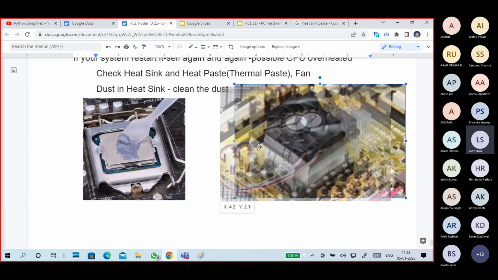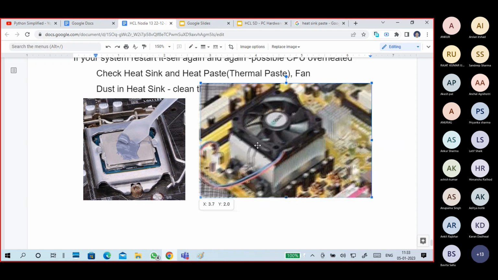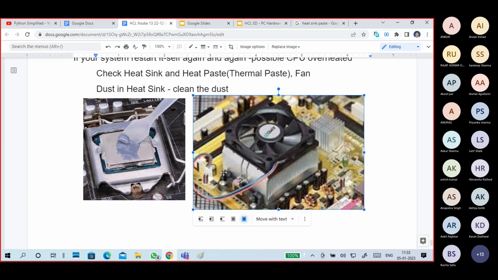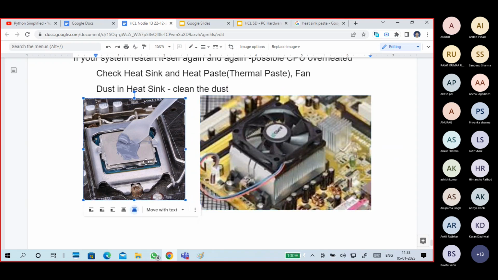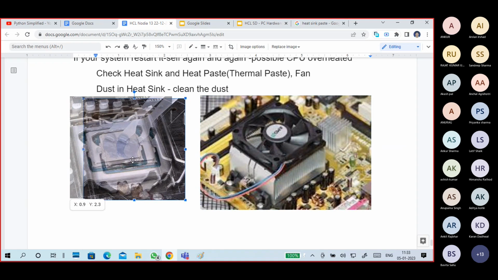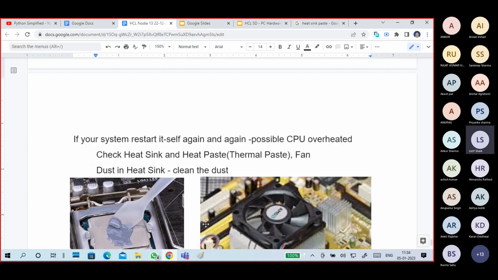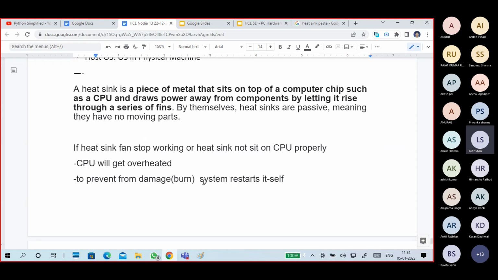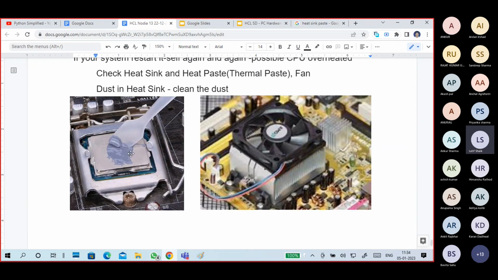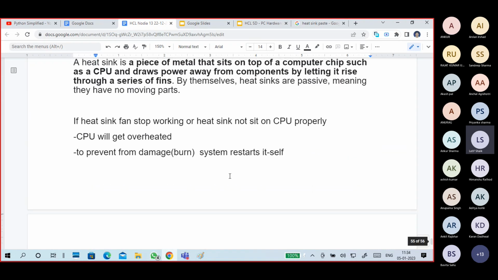But there is a problem. If you don't put this heatsink paste properly, or you cleaned it, or the heatsink is not installed properly, the processor gets overheated.